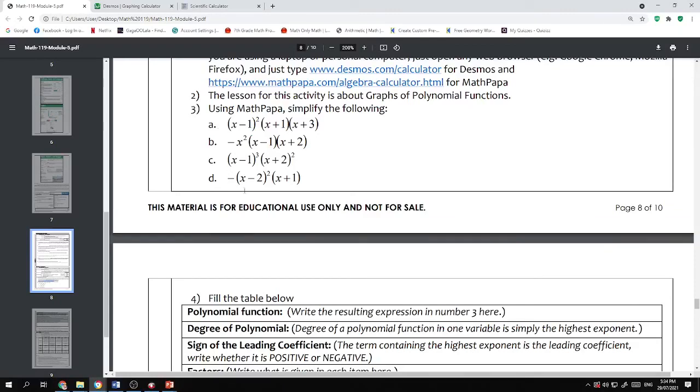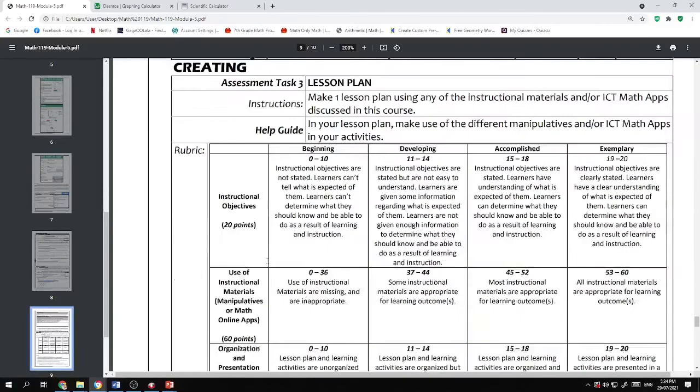Okay? Now, next, let's go to the creating part. The creating part is simply, you make a lesson plan making use of any instructional material.